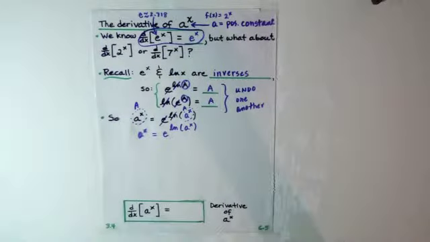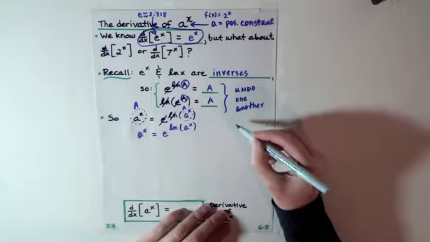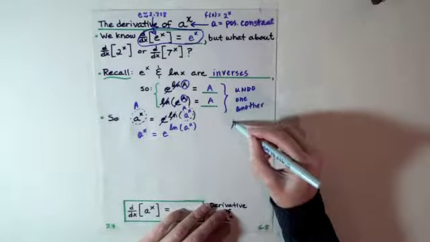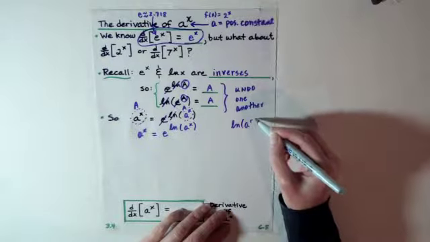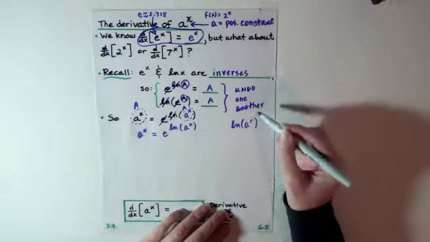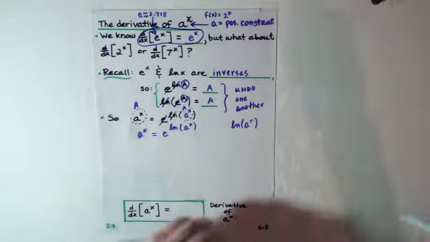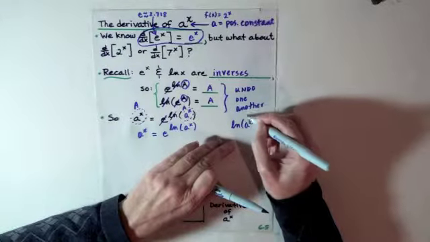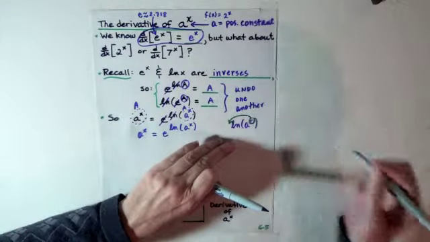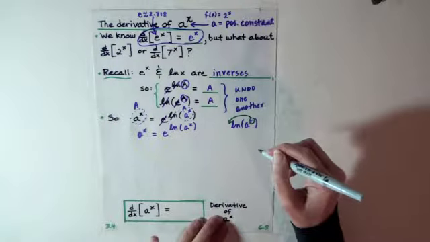Okay, I want to remind you of another property of logarithms that will help us in this. When we have ln of a to, say, the r, do you remember what you're allowed to do with the exponent in an expression like this? Remember that you are allowed to take that r and pull it out in front to be a multiplied factor in front of the ln, the log function.